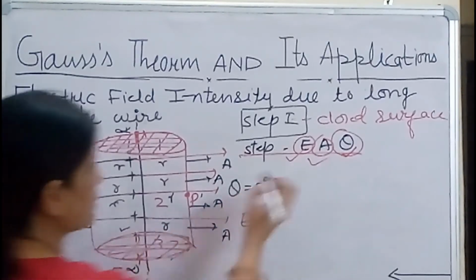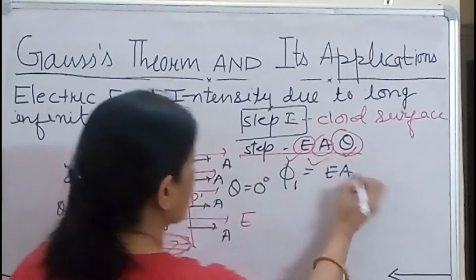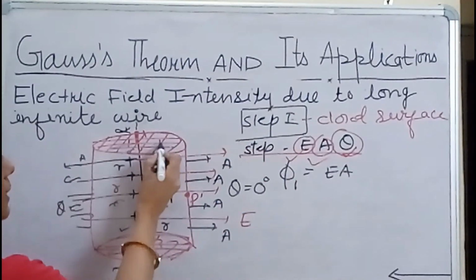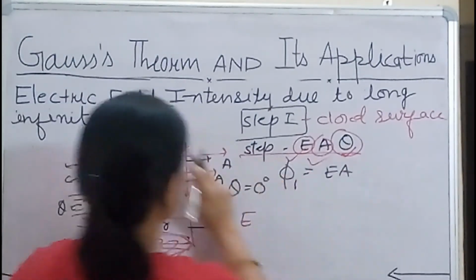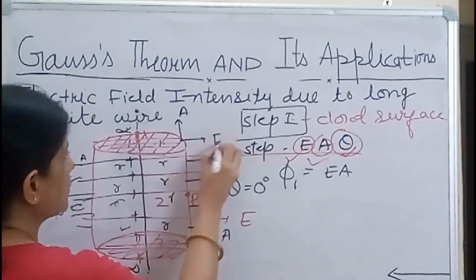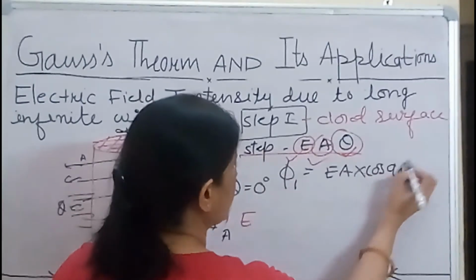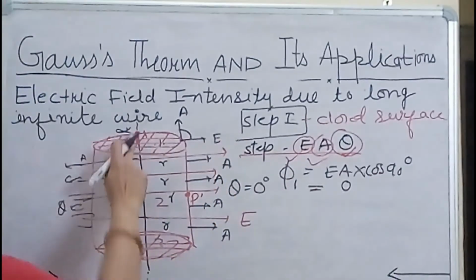This we have done. Phi 1 for the surface 1 is E A cos 90, sorry, this is A, this is E. E A cos 90, cos 90 is 0. So Phi 1 is 0.